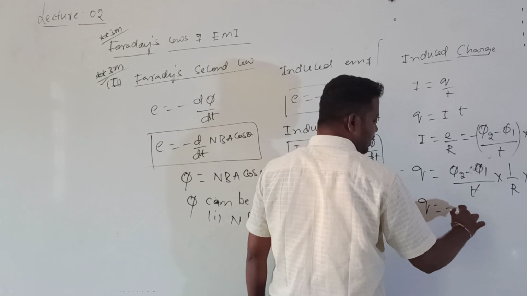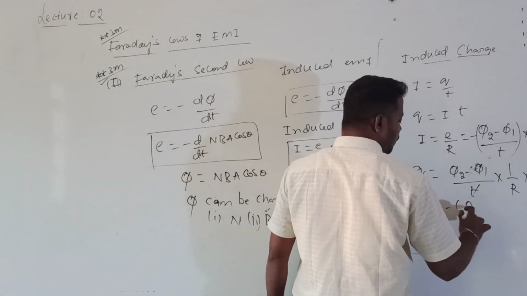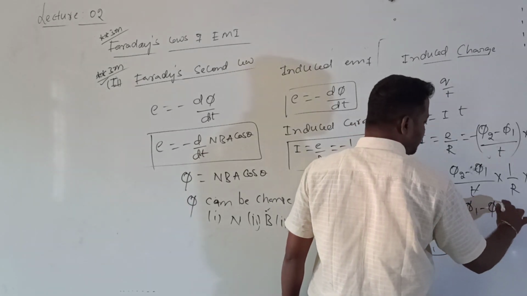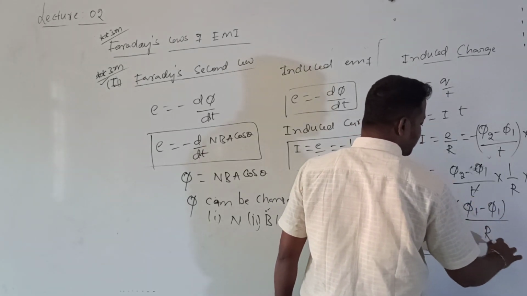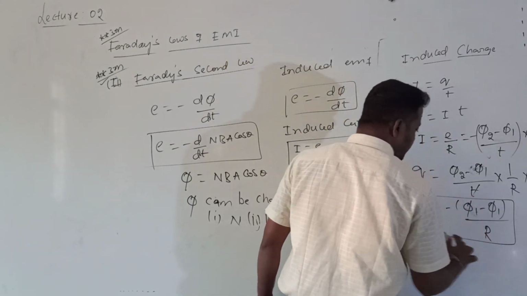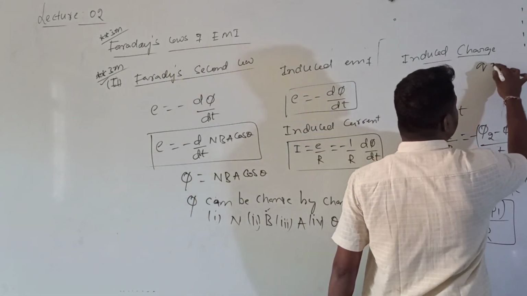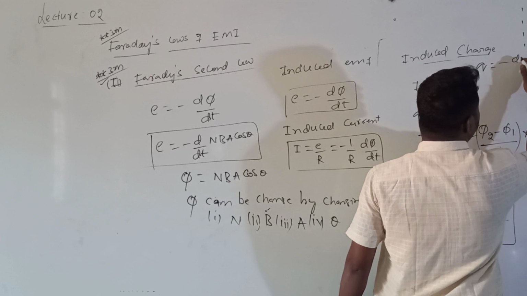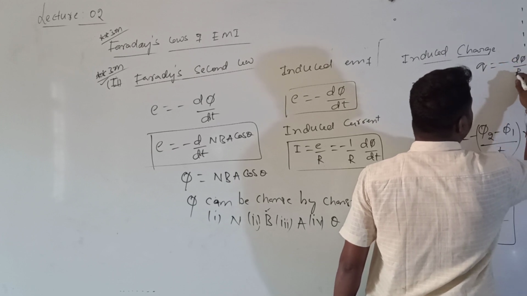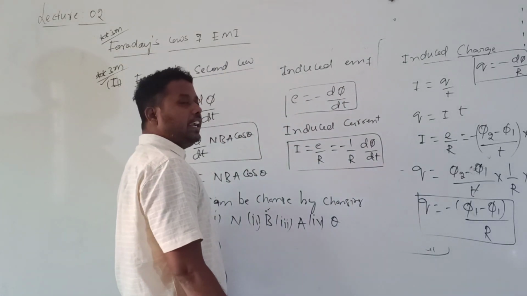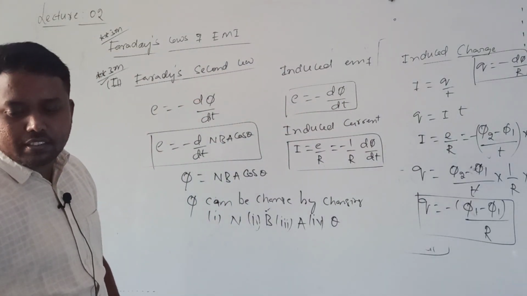Then induced charge is equal to minus of phi 2 minus phi 1 divided by R. This induced charge can also be written as minus of d phi by R. This is the formula to calculate the induced charge.